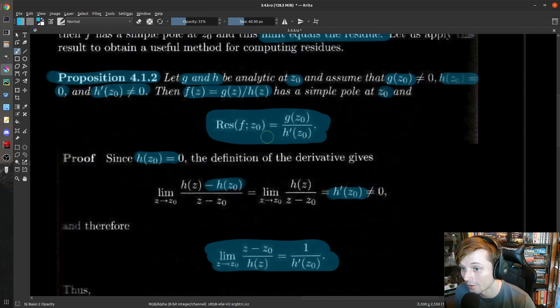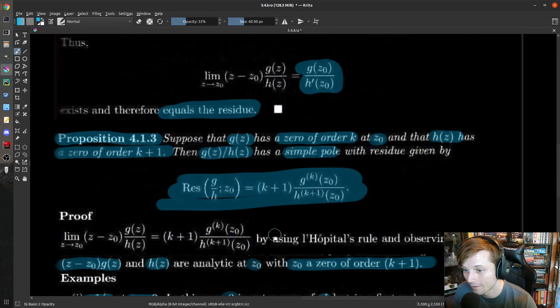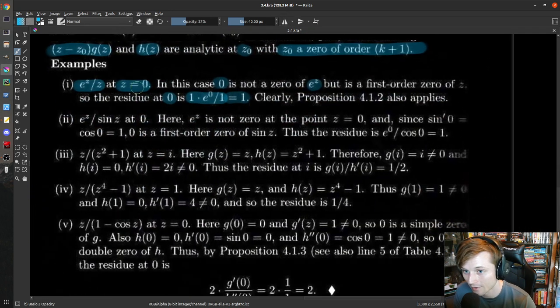So the residue is top function at z naught divided by bottom function's derivative at z naught. Okay, so at 0, top function's at 0, that's 1, right? Bottom function's derivative at 0, well, it's just 1, so we get 1. Easy, right?